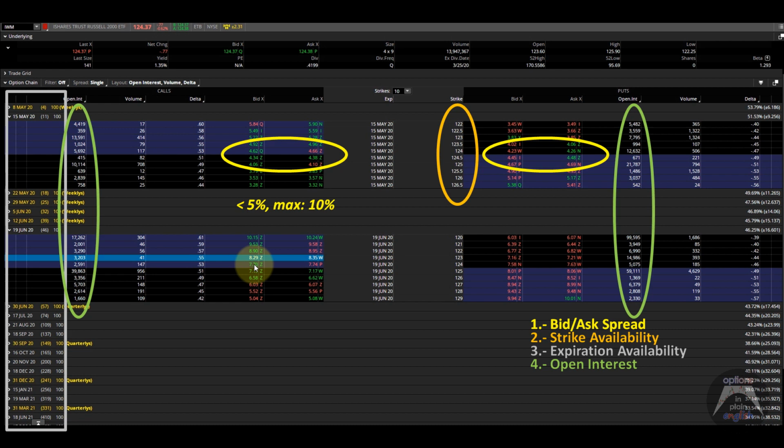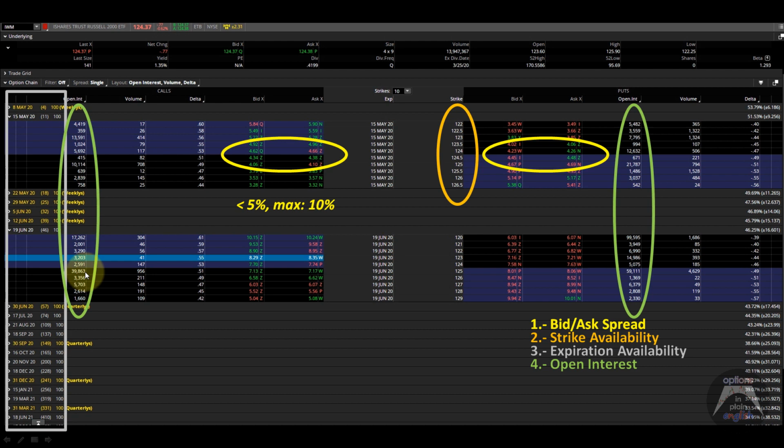But if I initiated a sell to close and the other party had a buy to close as well, so both of them were closing, then that contract disappears and we no longer have it, and it's reflected in the open interest. Now, this number is not instantaneously reflected here.